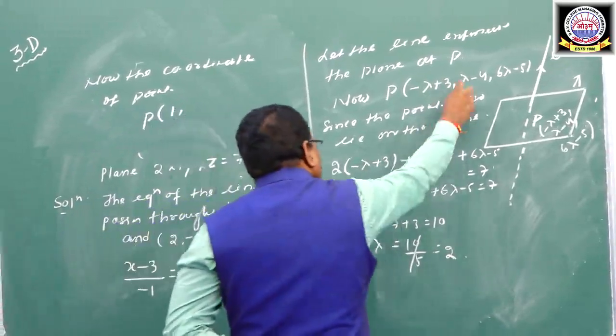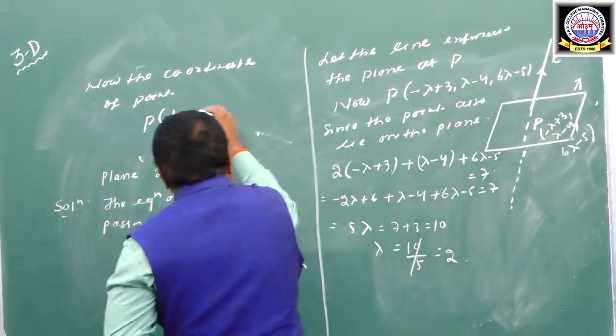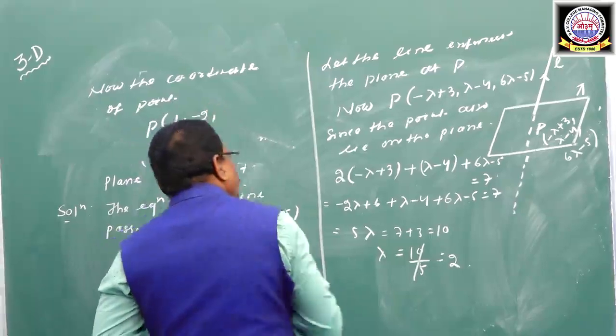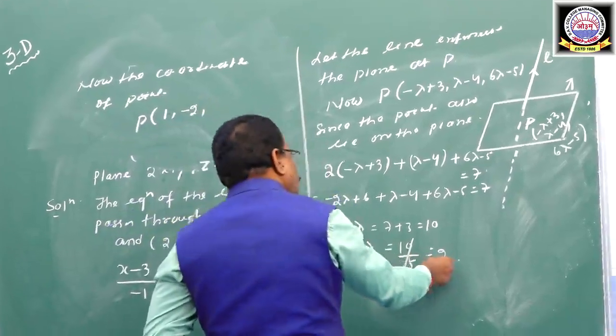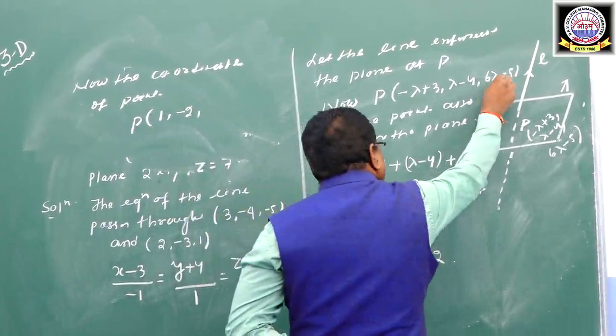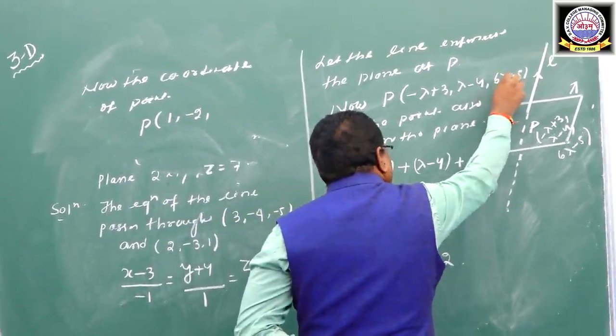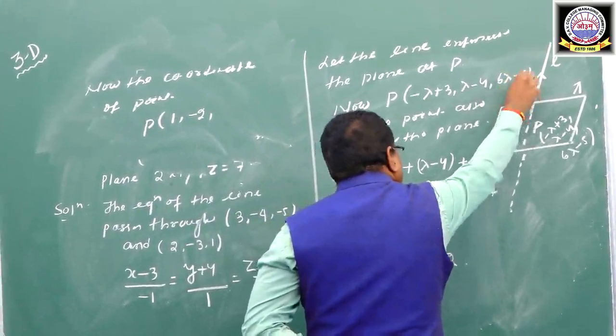Then 2 minus 4, minus 2. Then 6 into 2, 12, minus 5, 7.